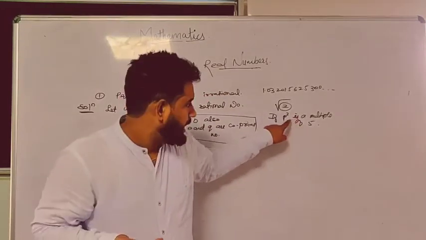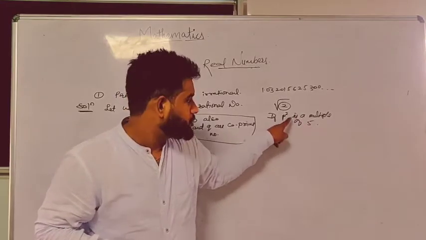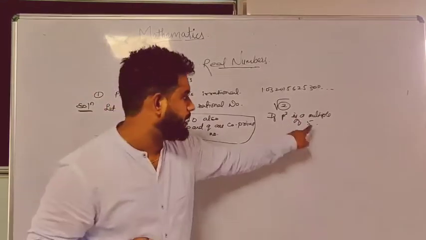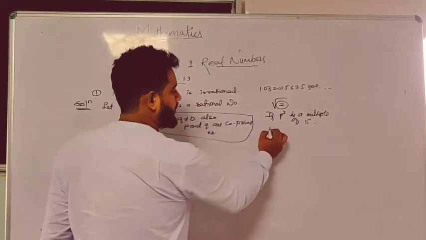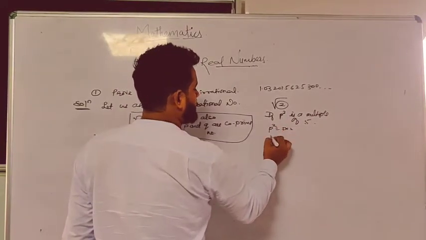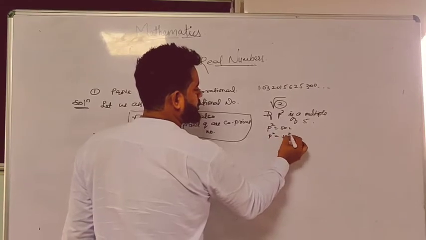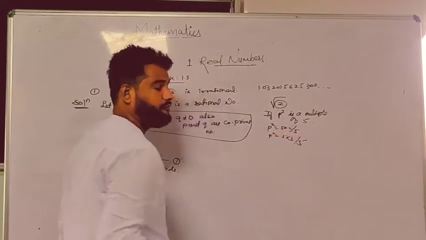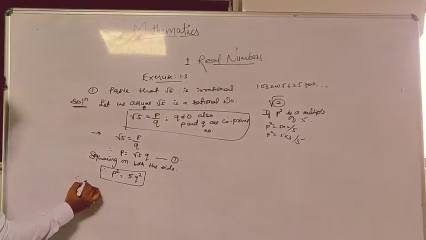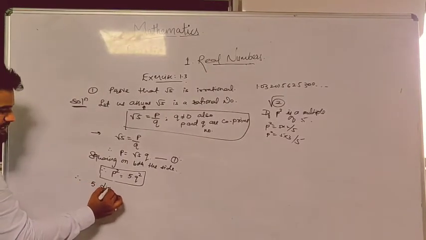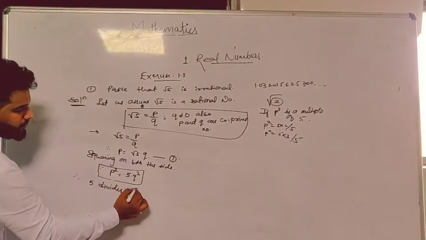Yes. If p square is a multiple of 5, then p square is always divisible by 5. Like p square is 5 into 2 or 5 into 3. So all these values are always divisible by 5. So the next statement you have to write here: 5 divides p square.